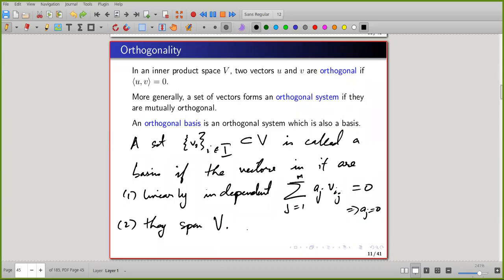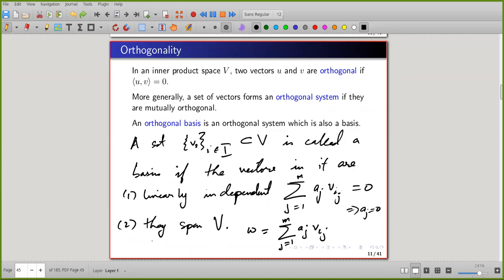What does this mean? It means given any vector w, there exists an m and v_{i_j}'s such that w can be written as a finite sum. This finiteness is very important.